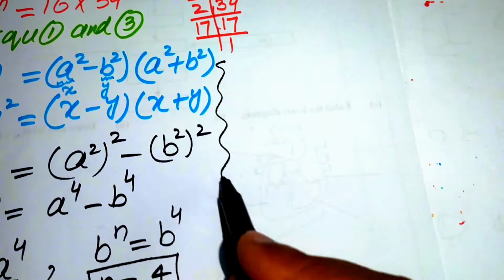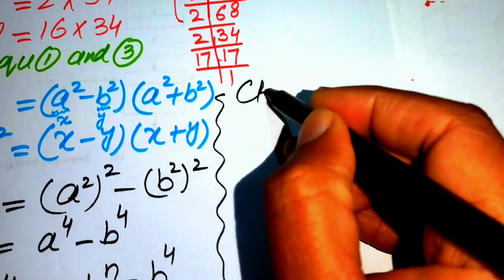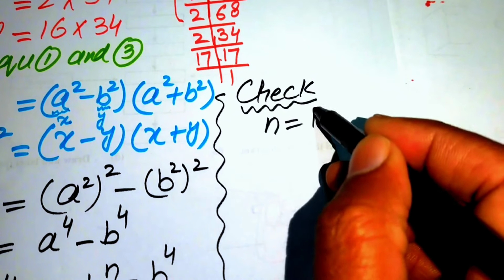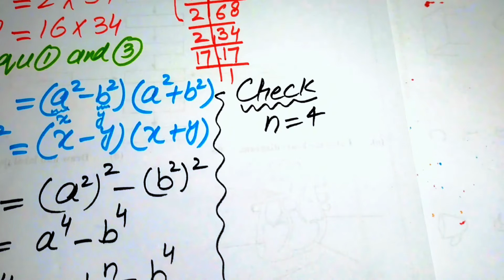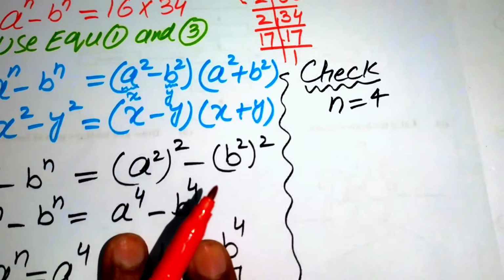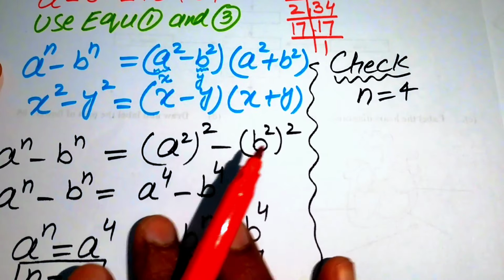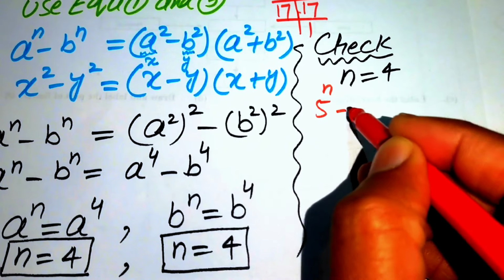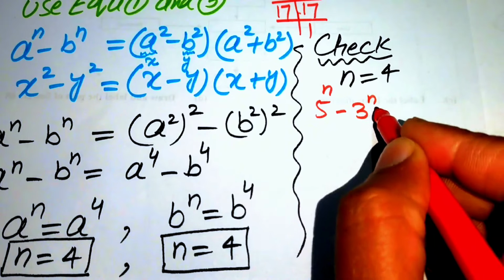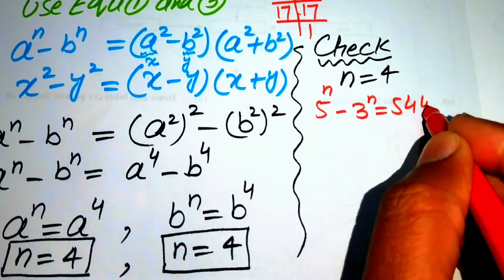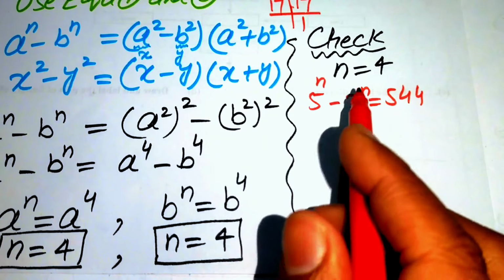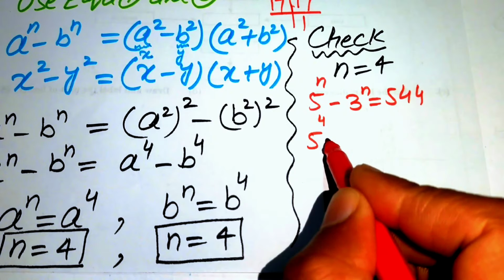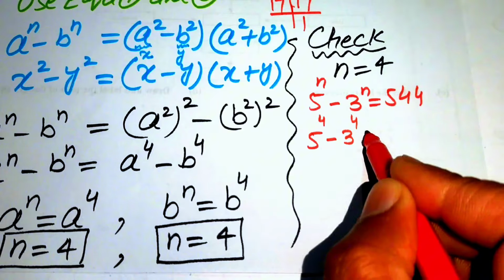In the next step we check the value of n. We have n equals 4, and we put this value in the given equation to see whether it satisfies the equation or not. Our given equation is 5 to the power of n minus 3 to the power of n equals 544. Putting n on the left hand side, we get 5 to the power of 4 minus 3 to the power of 4.